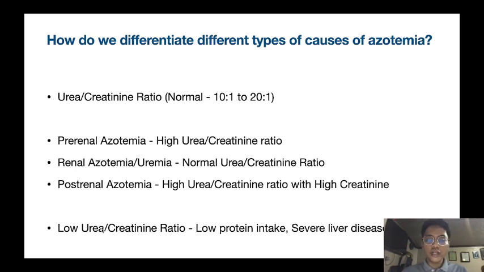And then low urea creatinine ratio when there is low protein intake, severe liver disease, kasi 'di ba nga you don't have protein or you can't make urea kasi you don't have protein and you can't make urea in the liver. Okay? So gets nyo na yan, guys. Memorize nyo lang ang urea creatinine ratio ng different types of azotemia and kapag low ang urea creatinine ratio.